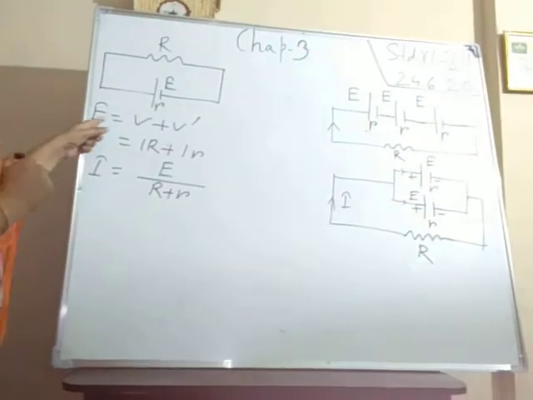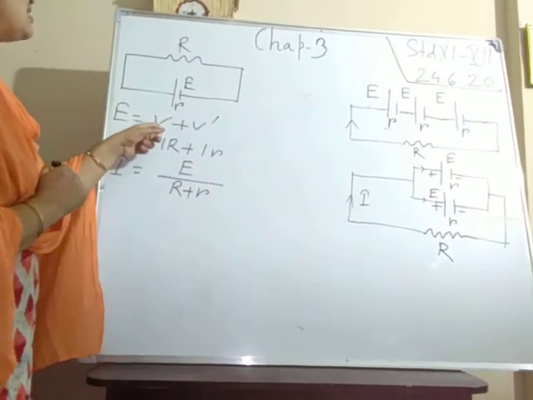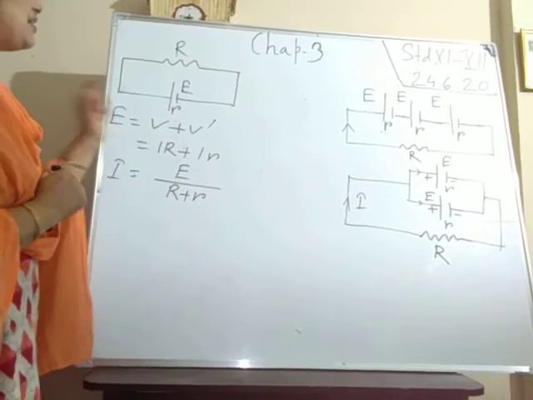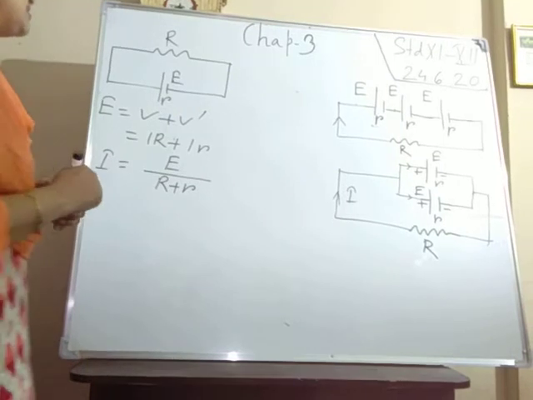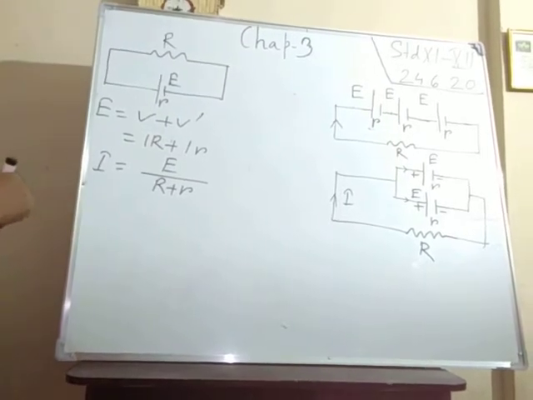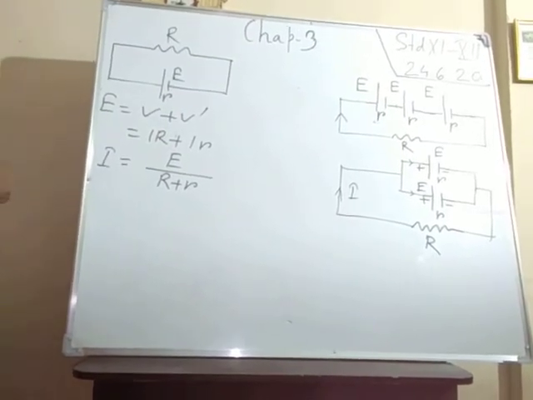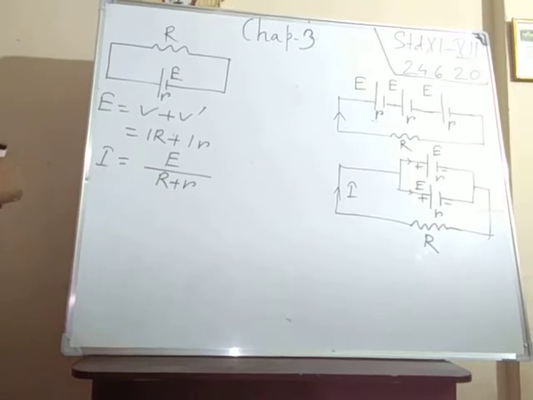So E equal to V plus V prime. Here this V is the terminal voltage, the terminal potential difference. That means the potential difference across the resistance in the external circuit is known as terminal voltage.